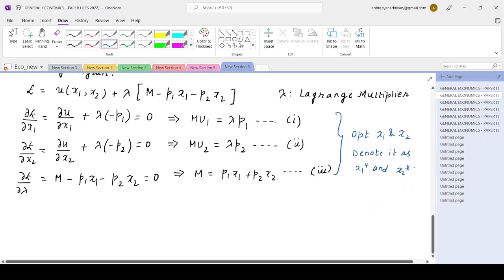There are three unknowns, x1, x2 and lambda, and three equations, so they can be easily obtained. These x1 star and x2 star are known as the Marshallian demands, right? So these are the Marshallian demand functions that you get by maximizing utility subject to a budget constraint.